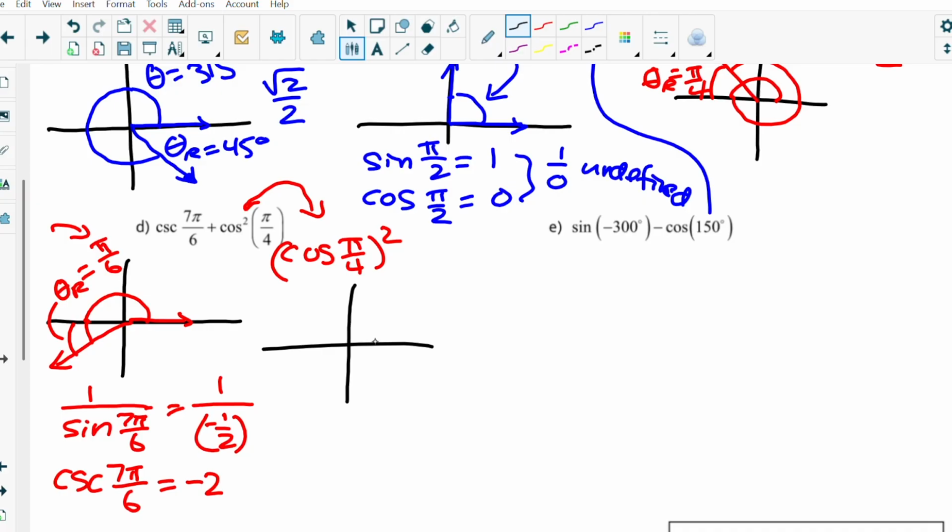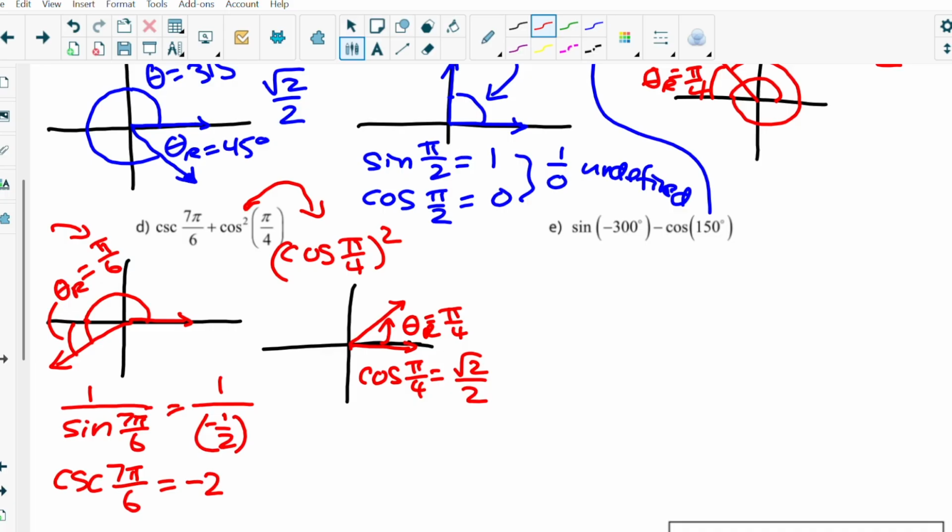Cosine of pi over 4 just takes me halfway through quadrant 1. So theta r equals pi over 4. And so what's the cosine value there? It's square root of 2 over 2. So cosine of pi over 4 is square root of 2 over 2.